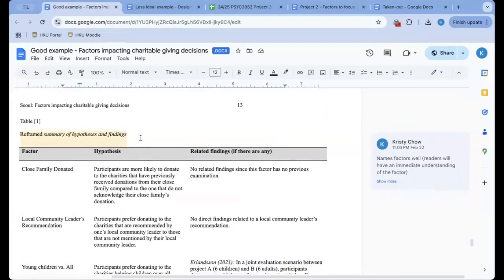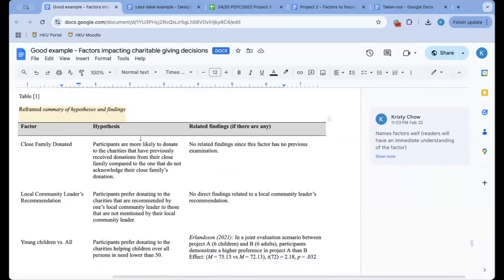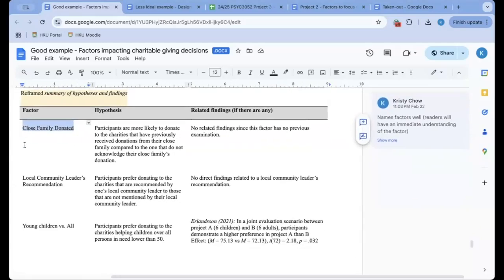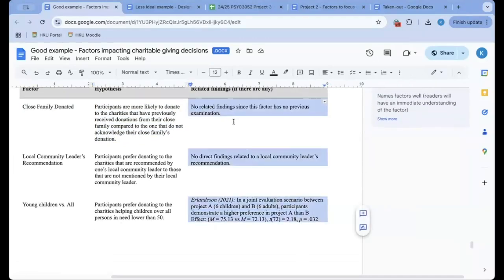On to the summary of the hypotheses and findings in their table. This is generally done quite well because they name the factors in a good way, so it's easy for the reader to immediately know what the factor is generally about. The hypotheses are clear with directions, and they highlight whether or not there are related findings to their factor.